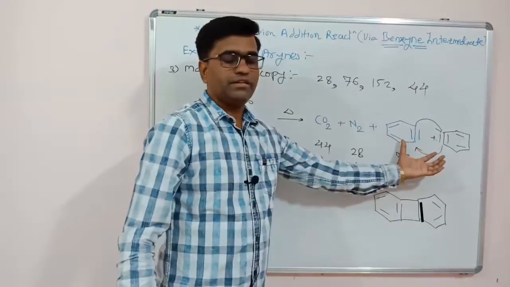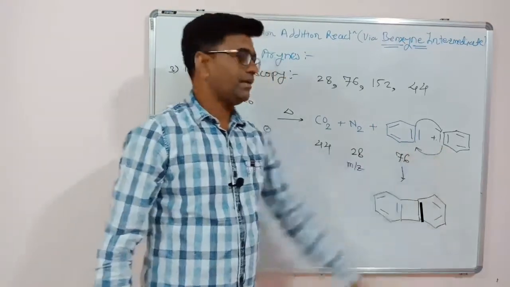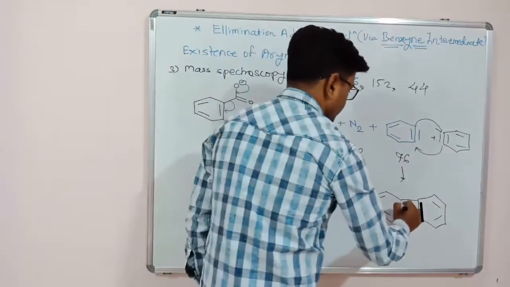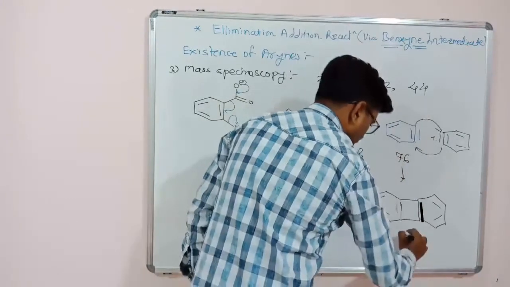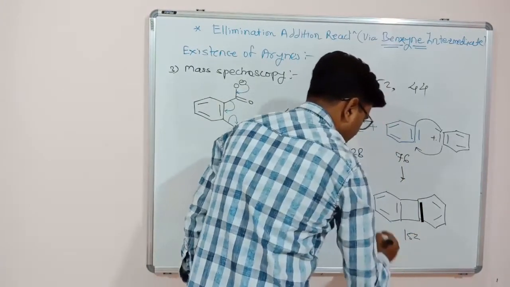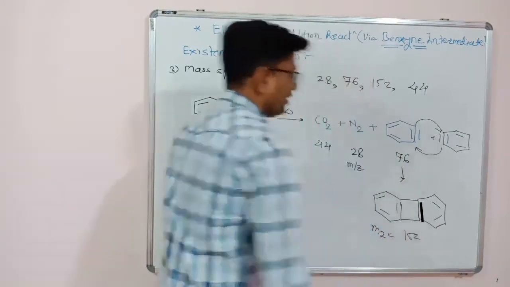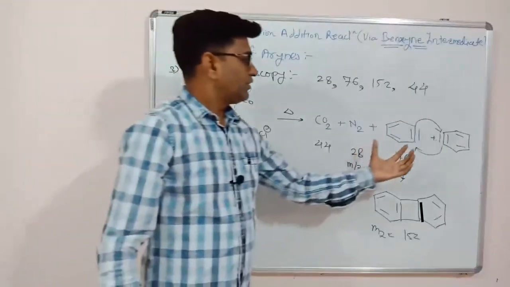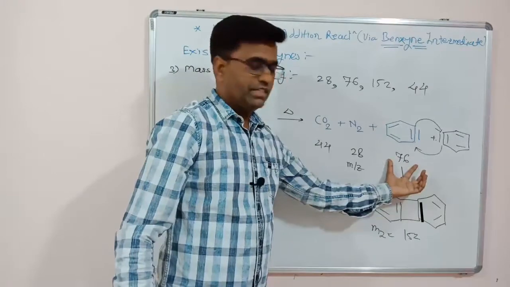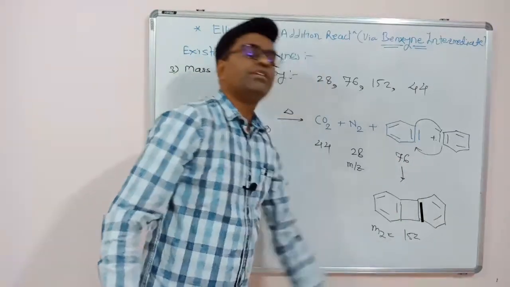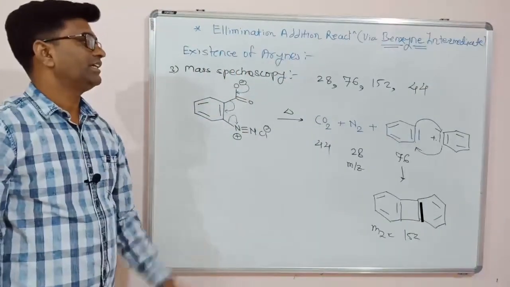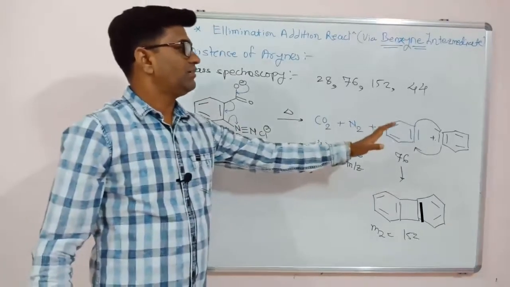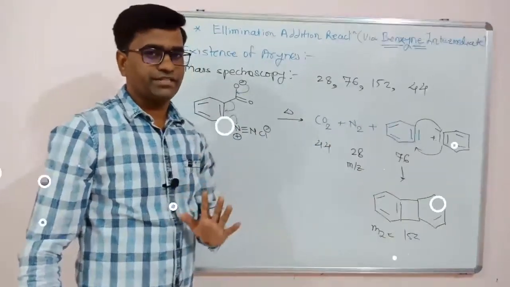In proper conditions this will get dimerized, and that molecule formed is biphenyl, which has a molecular weight of 152. So the peak at 76 as well as the peak at 152 clearly indicates that benzynes are formed within the reaction.